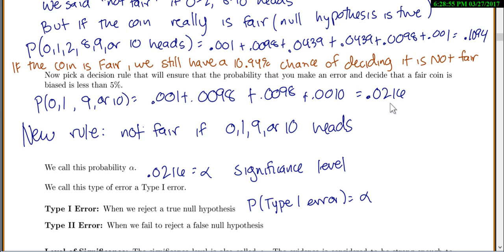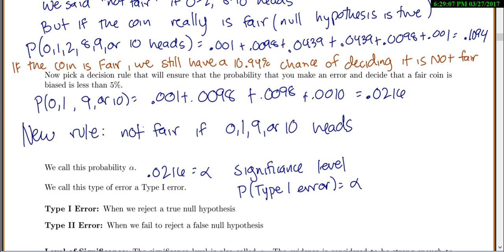Unfortunately, it's not the only type of error that we can make. So here, when we reject a true null hypothesis, this means that the coin is fair because we have a true null, but we decide it is not fair.